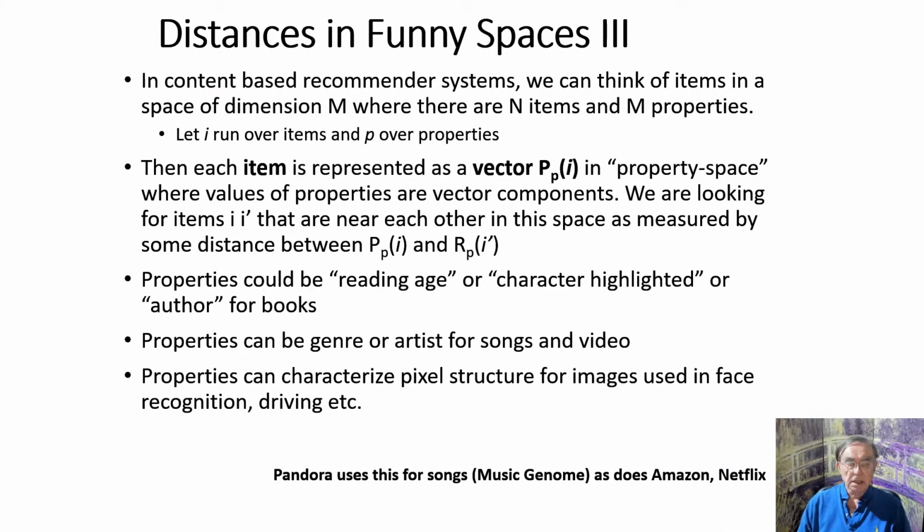All right, now we have content-based recommender systems, where we don't use the users, but we still have items as the points, and we're classifying the points based on their properties. Are they pink or big, or are they animals? Are they old or new, and things like that.